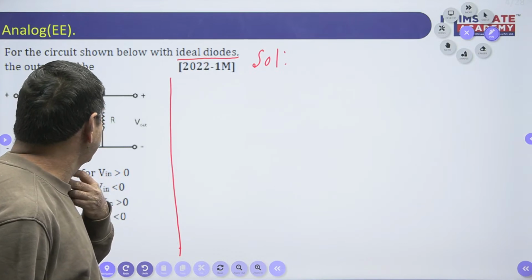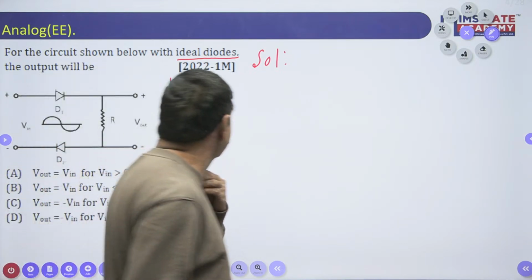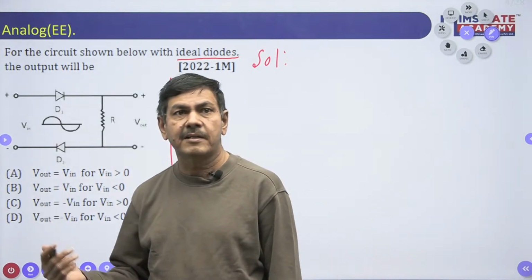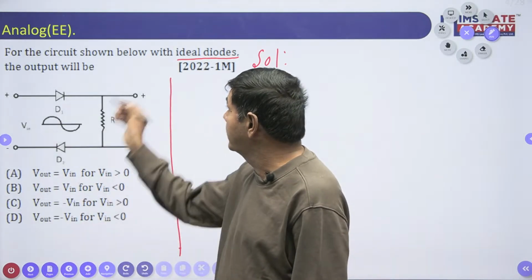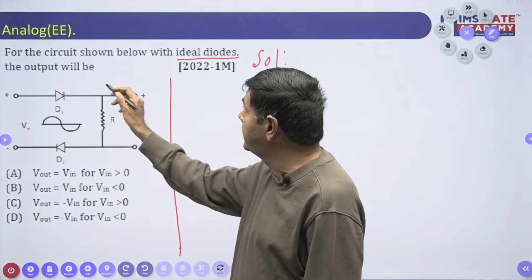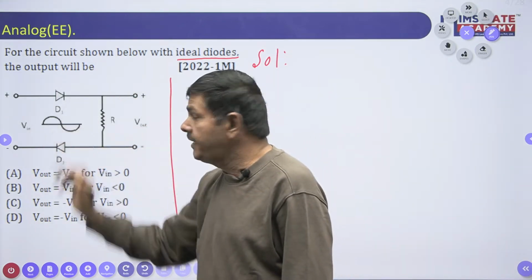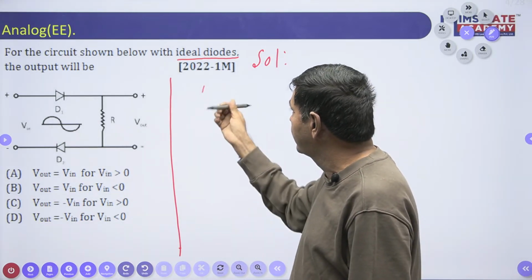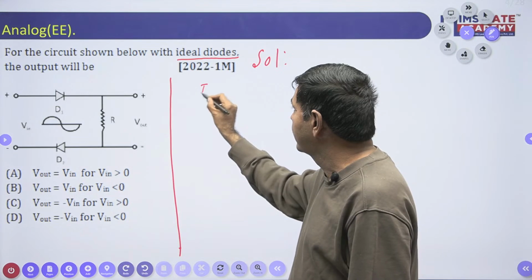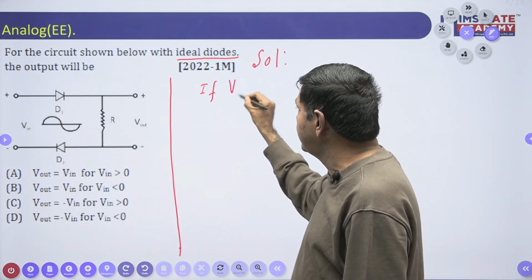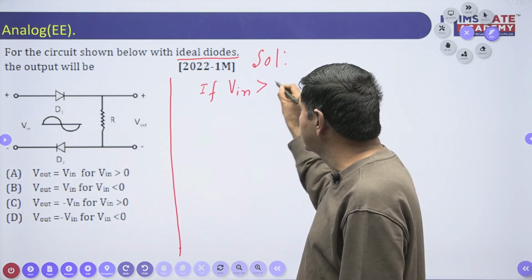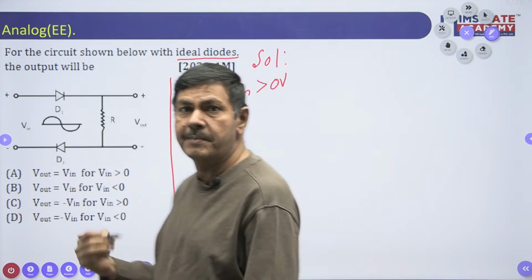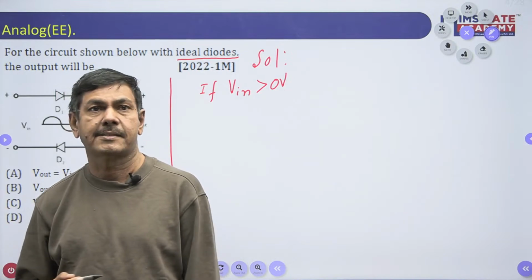Yes, in this case, we can check whether the diodes are forward bias or reverse bias. The output is required, and Vin is given. Suppose Vin is maintained greater than 0 voltage.